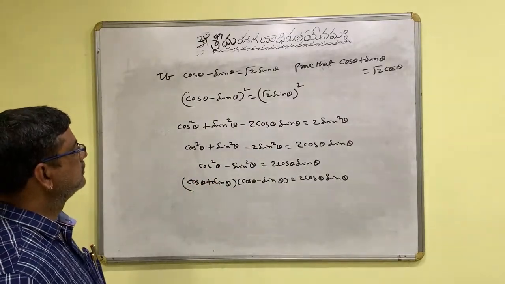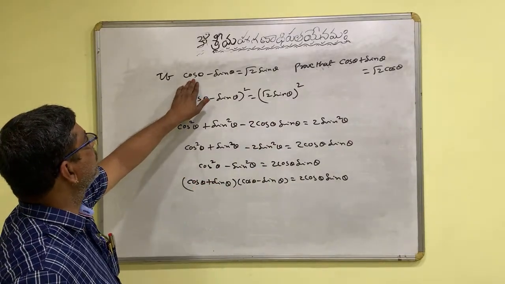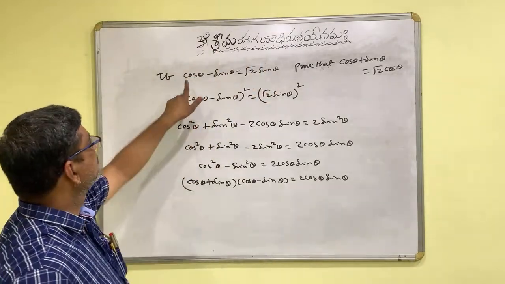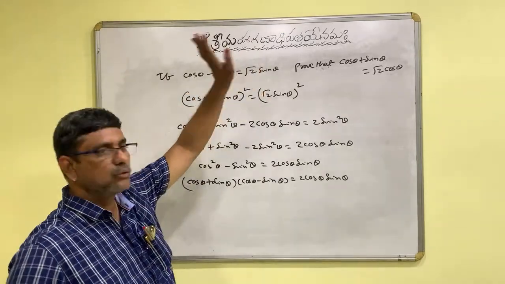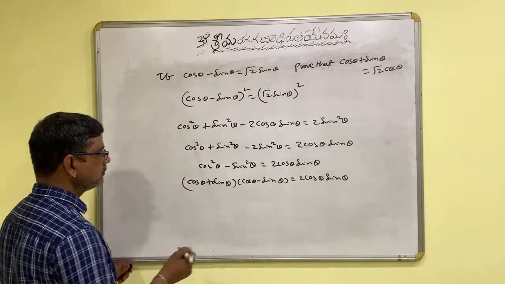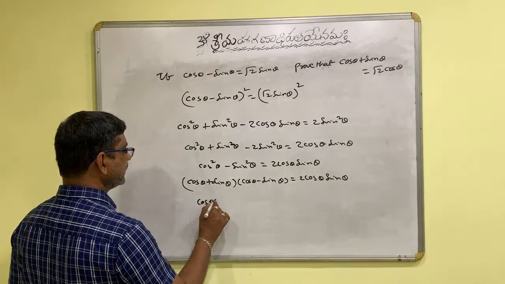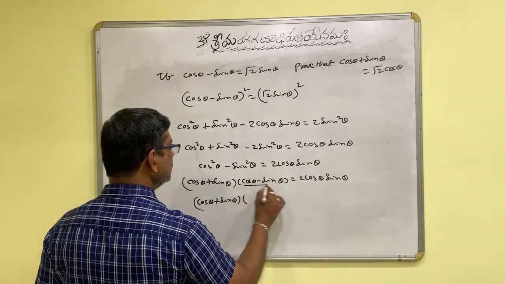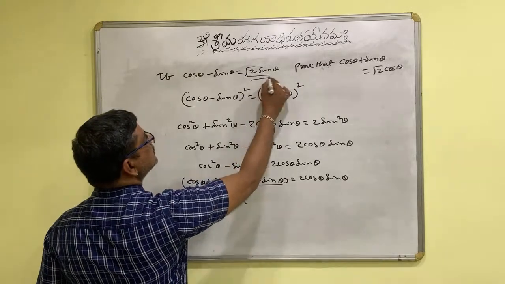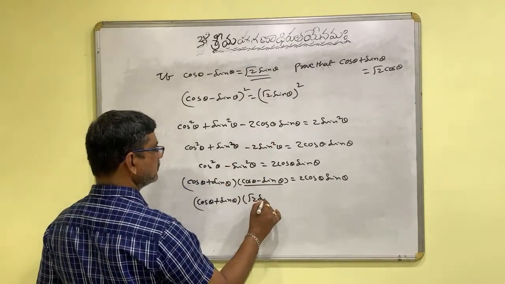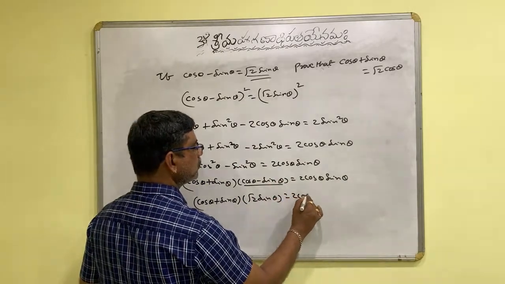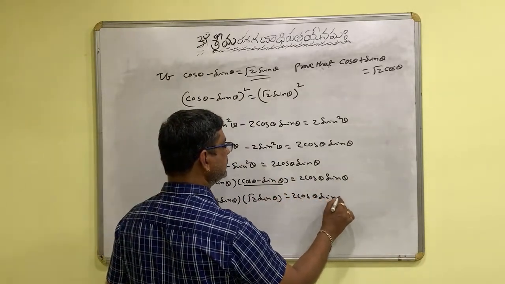Now, we know cos theta minus sin theta is root 2 sin theta. Substitute that value. Cos theta plus sin theta into, in this place I will write this one, is equal to 2 cos theta sin theta.